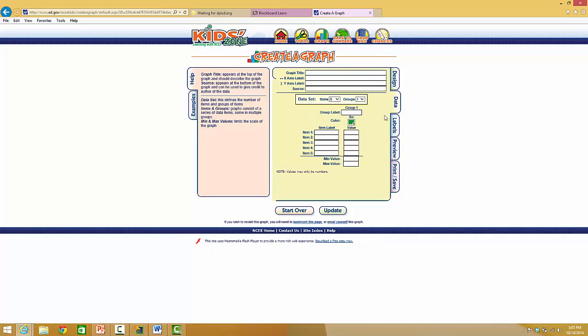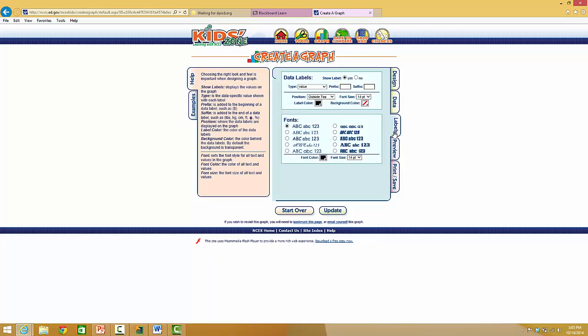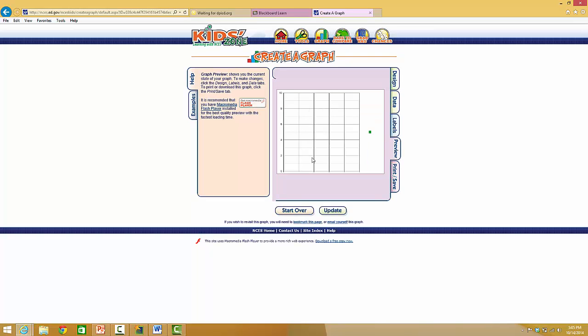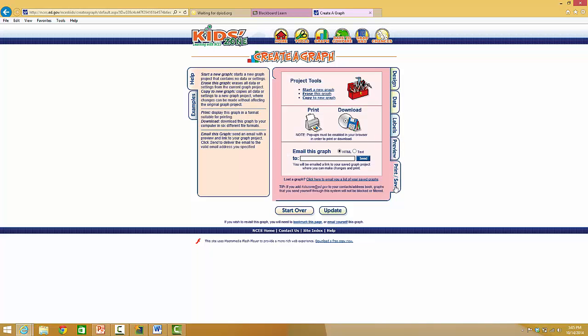And you're going to enter in your data here, and if you have any labels, and then you're going to preview what your graph is going to look like. And when you go here to print and save, you can download it. You can probably email it to yourself, or you can start all over again. Okay? It is not a hard thing to do.